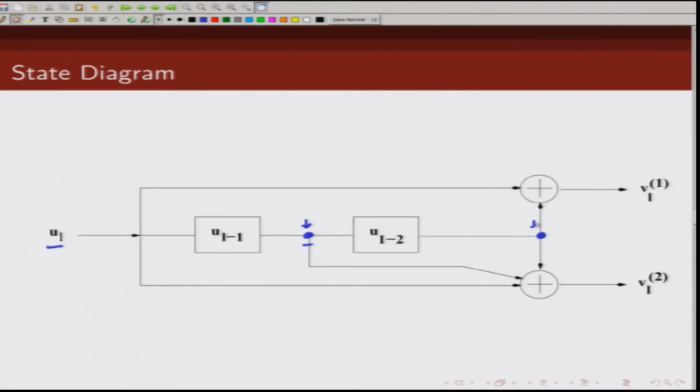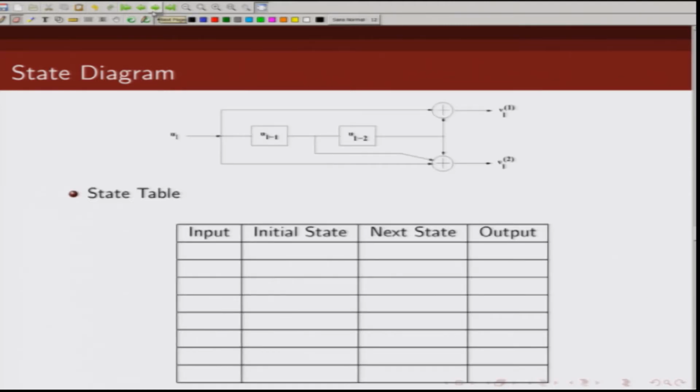Okay. So, let us try to draw the state diagram for this convolutional encoder. As we said, these are the states of the convolutional encoder. We first enumerate all possible states and all possible inputs. Since the memory is 2, all possible states are 00, 01, 10 and 11.